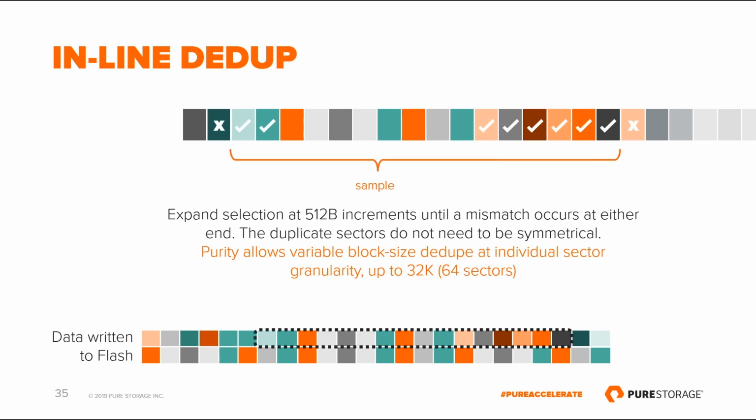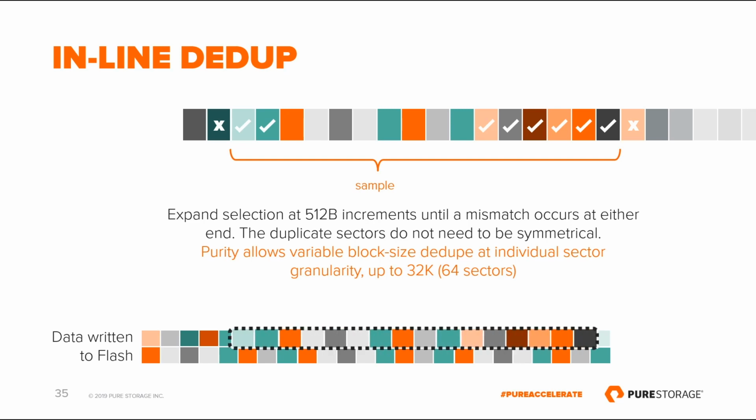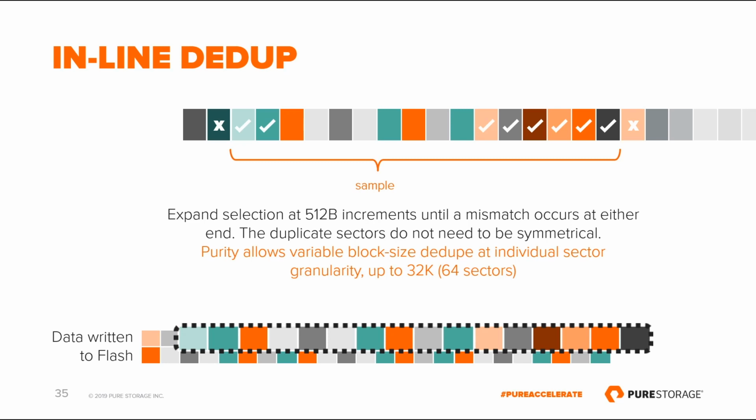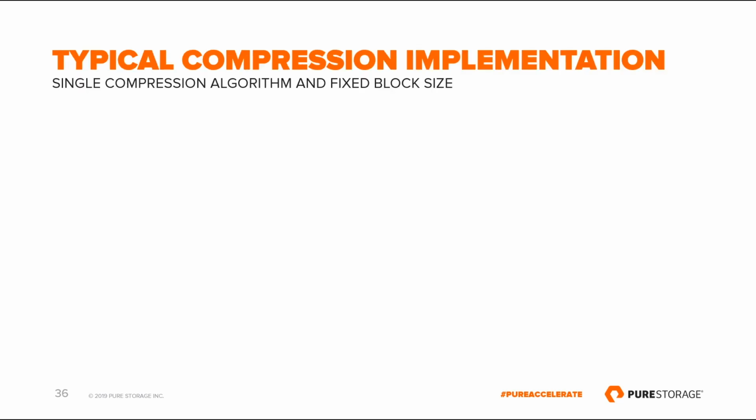We'll go on either end, checking the sectors until there's a miss on each end. So this is just one of several reasons that make our data reduction so spectacular compared to other vendors who have fixed block sizes. We have variable block sizes that dynamically change to squeeze out as much duplicate data as possible.